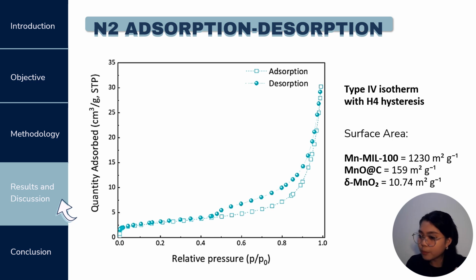Another important thing to take note of here is the decrease in surface area as we go through the stages of photocatalyst synthesis. This highlights the importance of starting with MOF first because it has a very huge surface area, so that eventually we will have a decent surface area as we reach the final form of our photocatalyst, which is δ-MnO2.